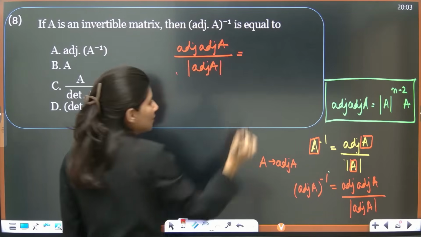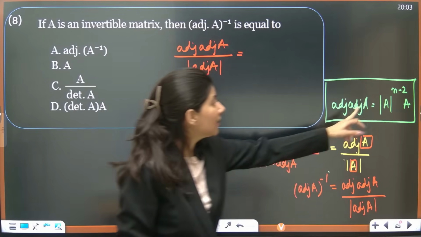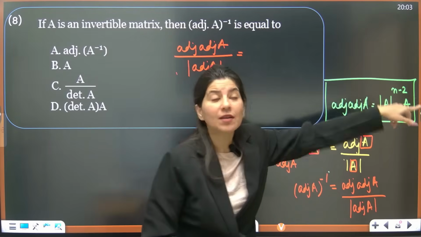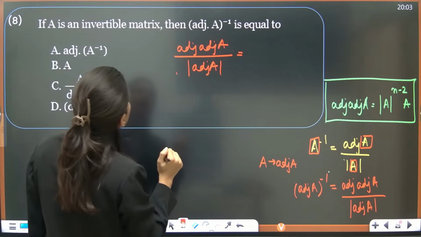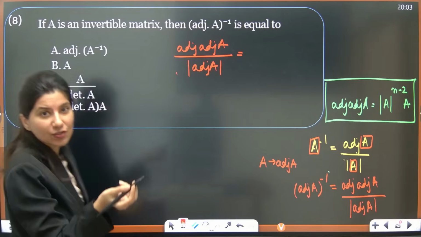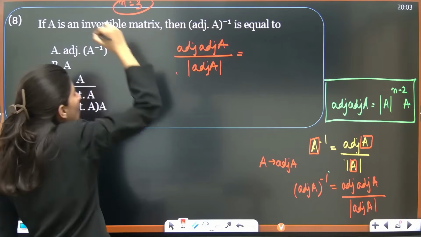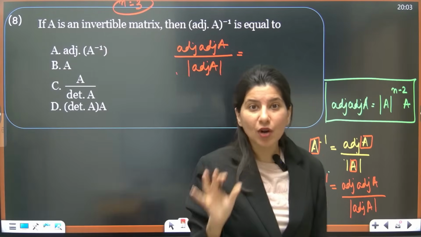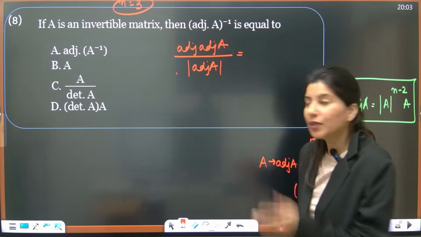Now use this property. Adjoint A is nothing but determinant A power n minus 2. Okay, n over here is nothing but, okay, they should give actually. N over here is 3. This is incomplete question. Order is 3. So if there is some error, if you still want to do that question, put n is equals to 3.